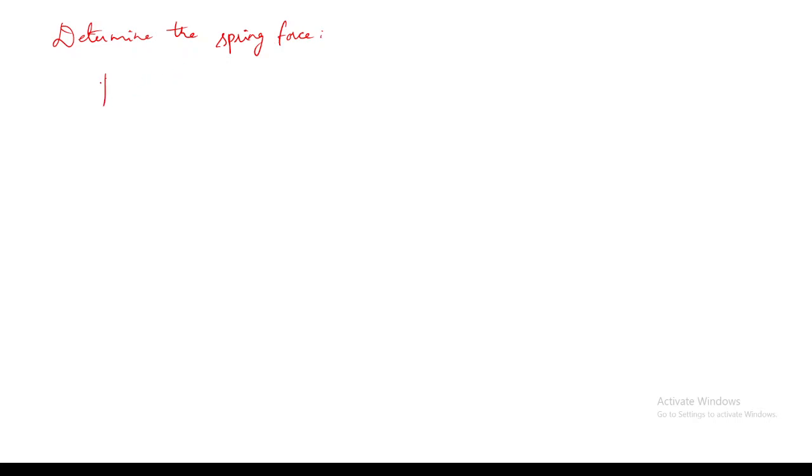You are having a system like this. In between you are having a spring. And this is point A, this is L, this is L, and here you are having a force W. This is point B and point C, and you are having a spring constant K.